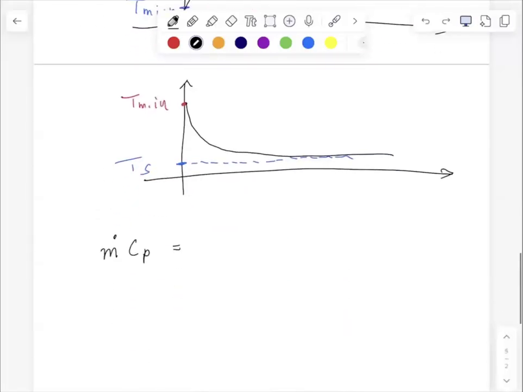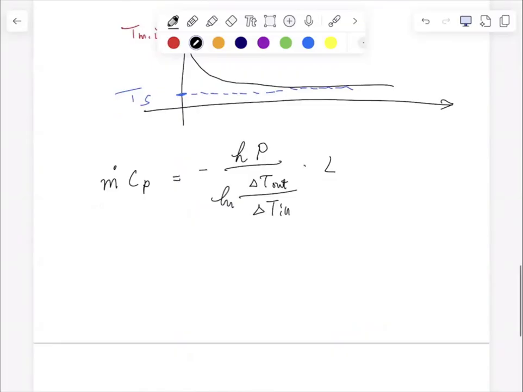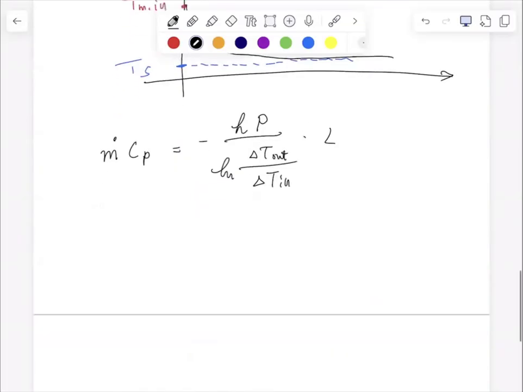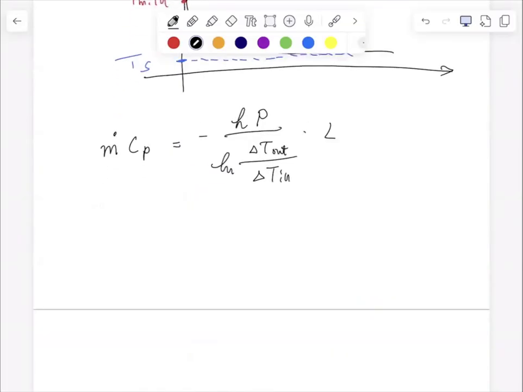So that will equal minus HP and then the log. That is the capacitance of the water, of the fluids.